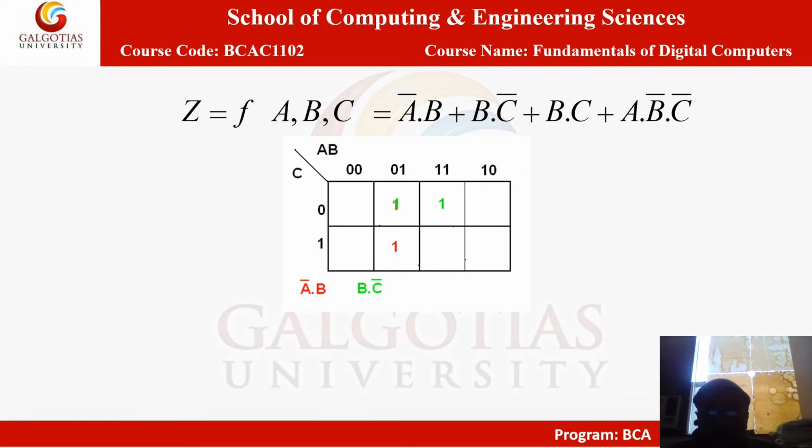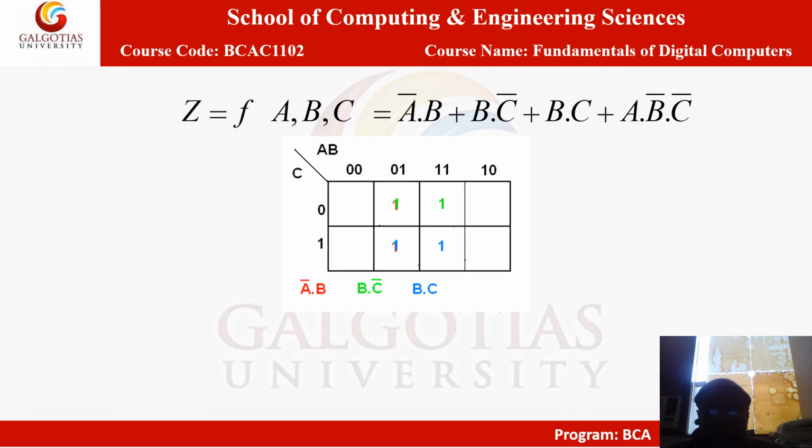Both the middle cells of the second row will be 1. So let us see in the next slide. Both these cells will be 1, represented by B dot C.